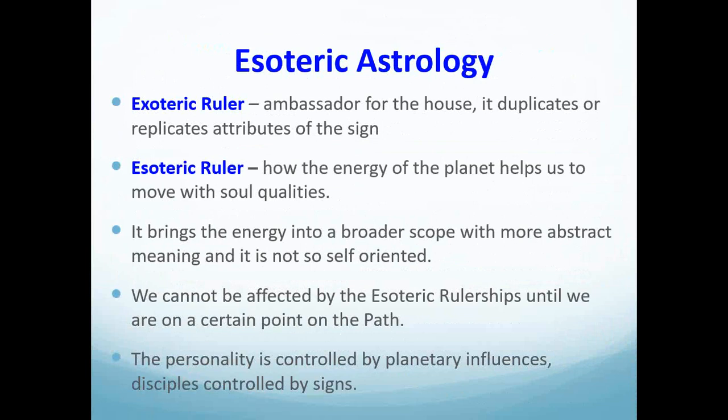The esoteric ruler is how the energy of the planet helps us to move towards soul qualities. So going back to Aries, the exoteric ruler is Mars. And many of you already know that Mars is the god of war. It represents aggression, force, motivation to move forward, drive, all those qualities. That's the exoteric ruler.